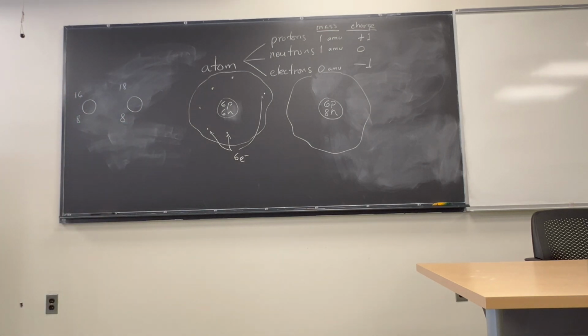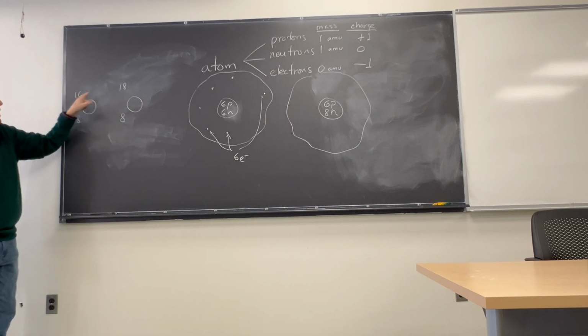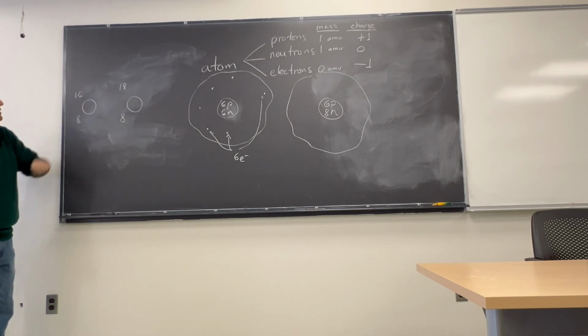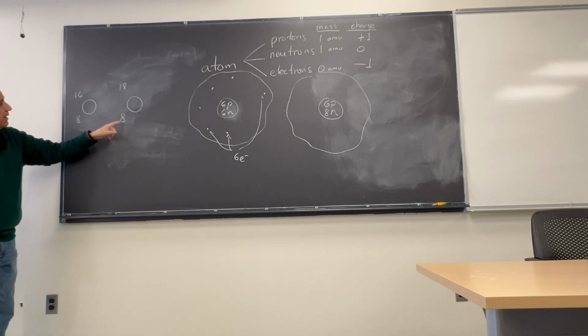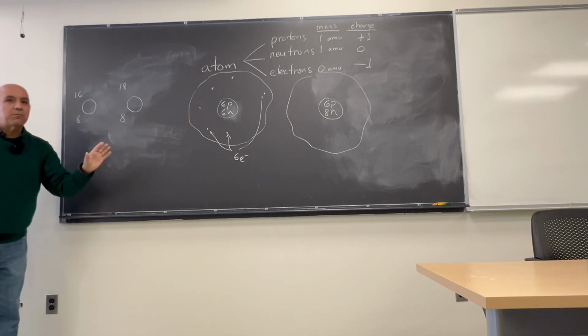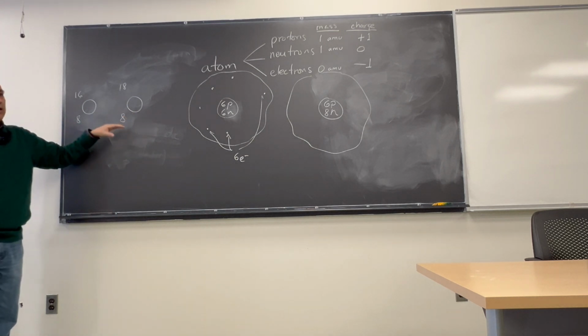Those two represent oxygen atoms. They're isotopes because they have a different mass number or atomic mass. They're both oxygen because they both have 8 protons. The periodic table shows you the identity of the atoms based on the atomic number. So if the atomic number is 8, it's oxygen, 8 protons.